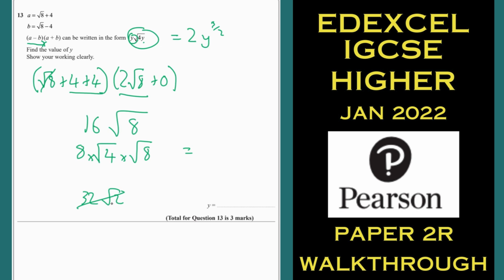Because that means you can take the 4 inside. It's basically simplifying a surd in reverse. You're making it more complex, basically. But there's the key. Those two things are now the same, and the 4 is what you were told. Job's a good one. Y is 8.